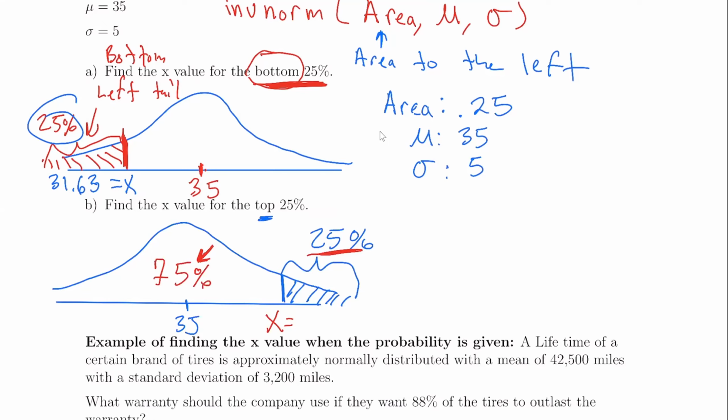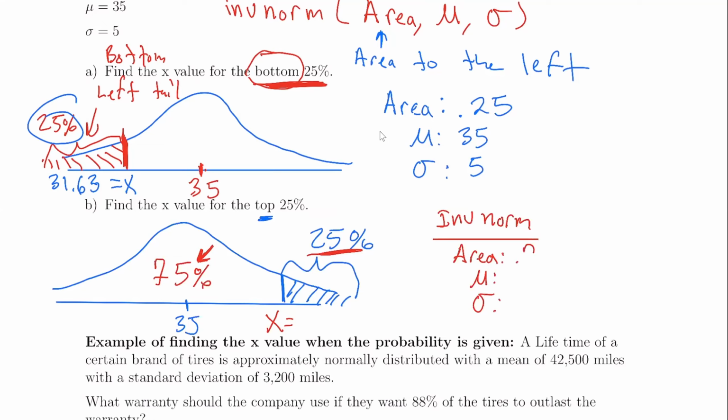So let's figure out the input. We're going to say inverse norm, and we'll say area, mu, and sigma. For the area, we tell it we want 0.75 because we want the probability of the left-hand side.